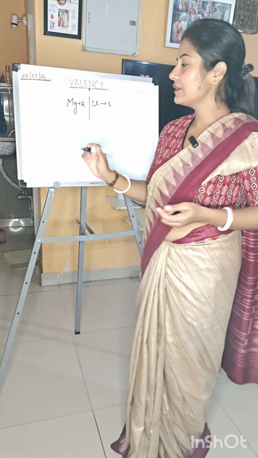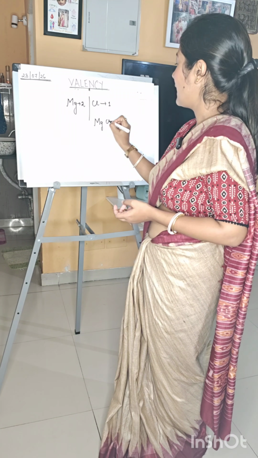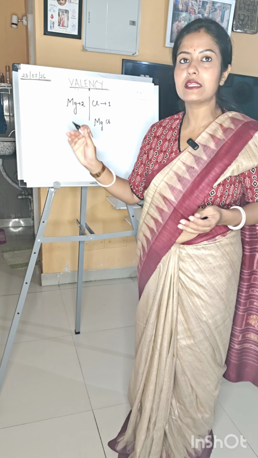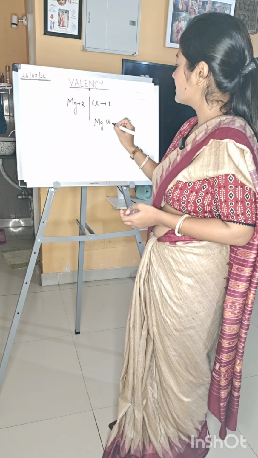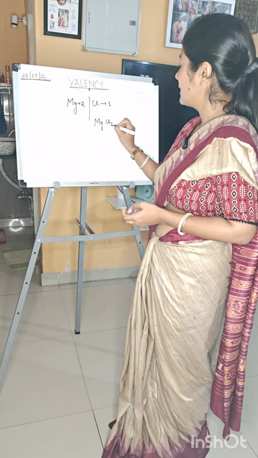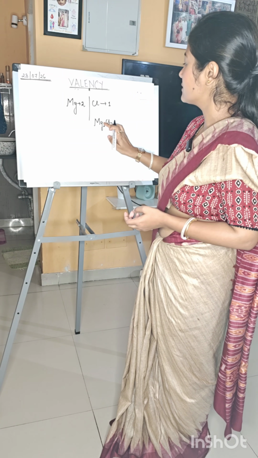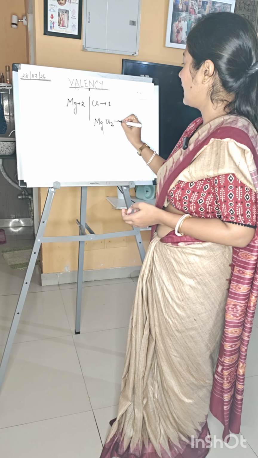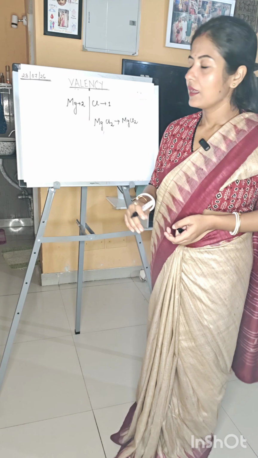So for the formula of the compound, just write down the symbols of the two elements and write the valencies in a crisscross direction. Magnesium's valency will be written here and chlorine's valency will be written here. Since it is 1, we omit this, and the formula of the compound is MgCl2.